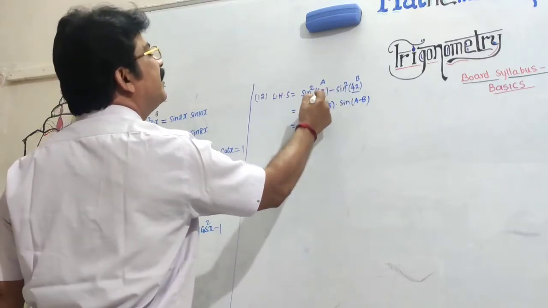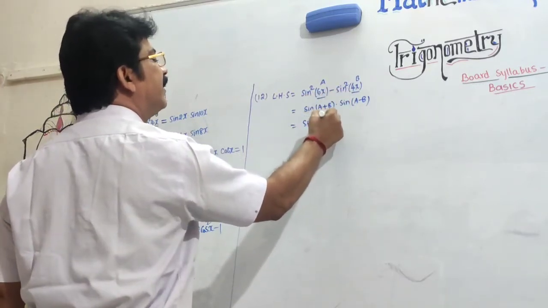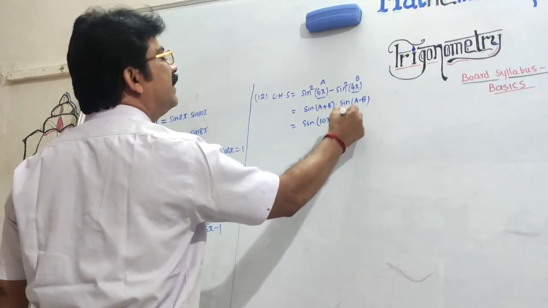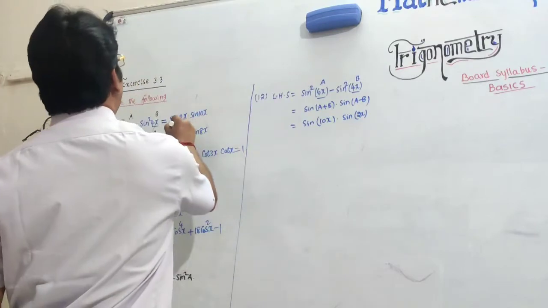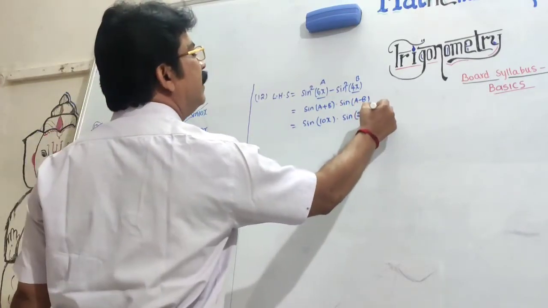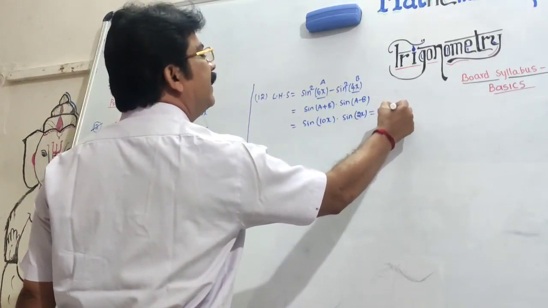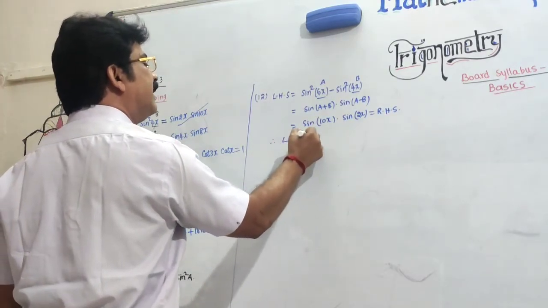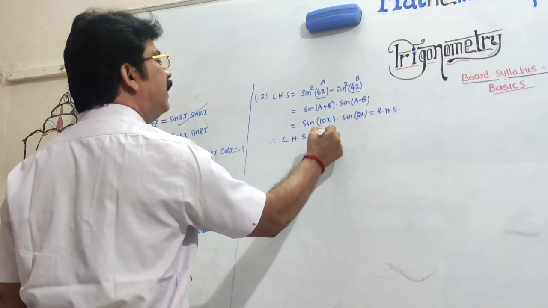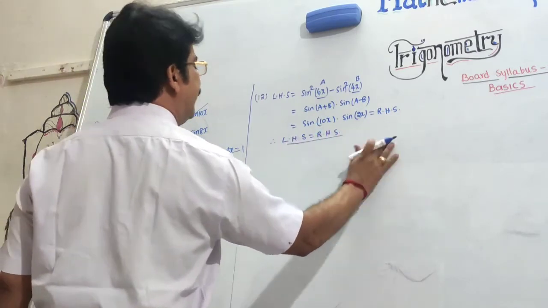A plus B means 6 plus 4, 10x, into sin of 6 minus 4, 2x. So we got it. That is equal to the right hand side. Therefore, left hand side is equal to right hand side.